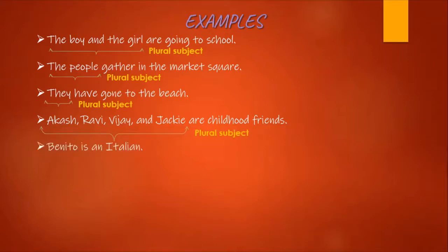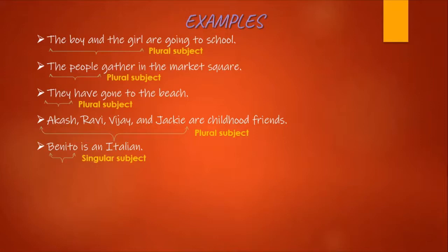Let us have singular now. Benito is an Italian. Benito, one person, one individual. Therefore, it is singular, and as you can see, we are using is, the singular form of the be verb. Note, the be verb in third person singular becomes is, plural are.